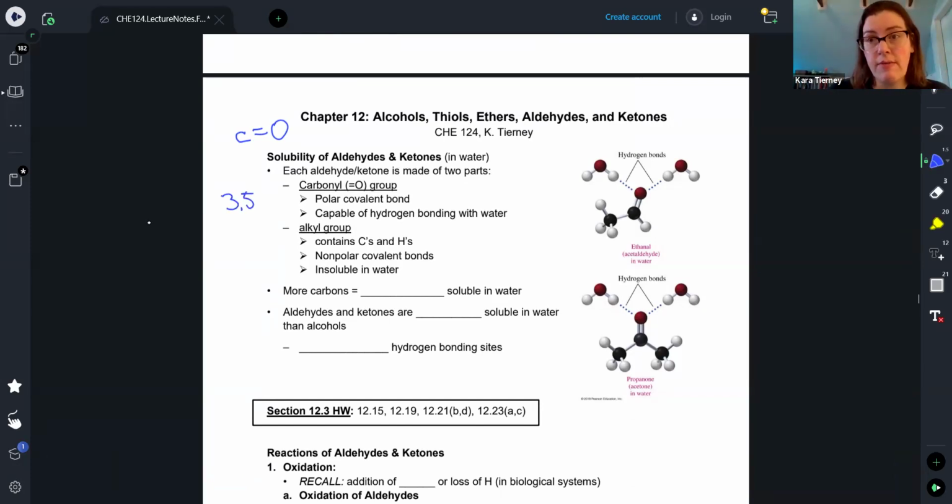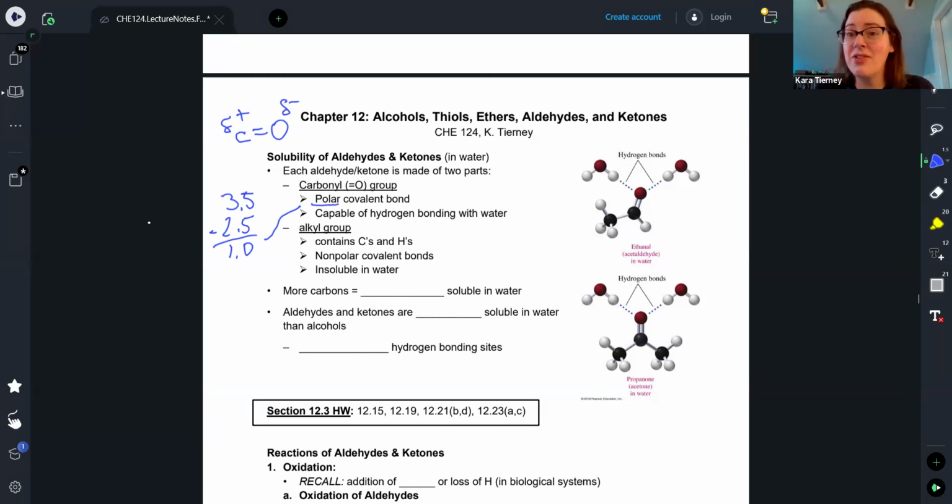This is on our purple sheet. Carbon's a 2.5. So if we subtract those, the difference of 1.0 means we have a polar covalent bond. Now the oxygen has the higher value, so that would be a delta negative, and the carbon would be a delta positive.